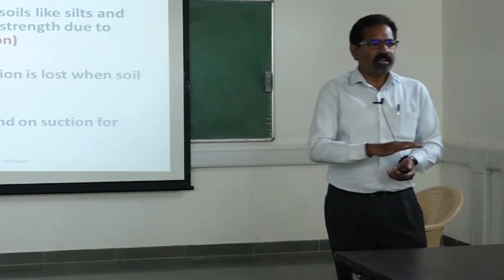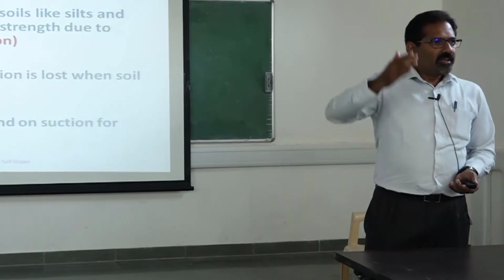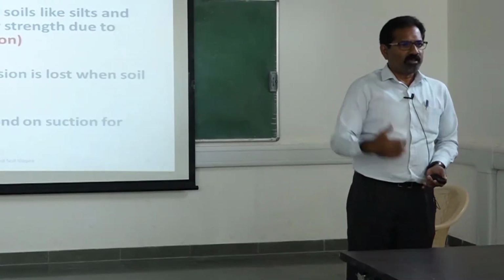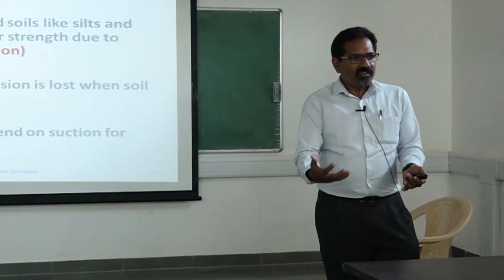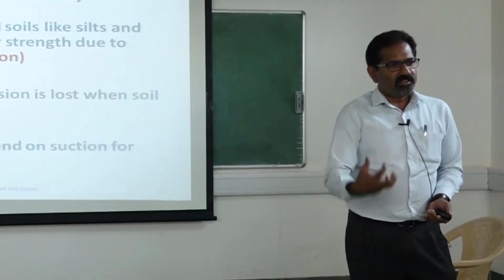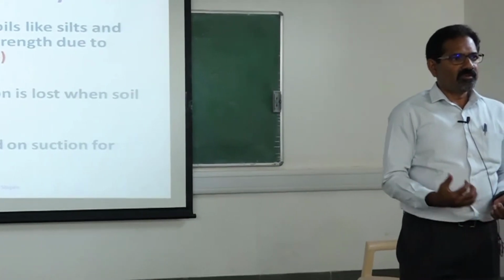If I make an embankment of clay or silt, then I can make a cut vertically, and it may remain stable for quite some time. Why? Because again, the compacted soils are unsaturated. The pore pressure is negative, so it gives shear strength.